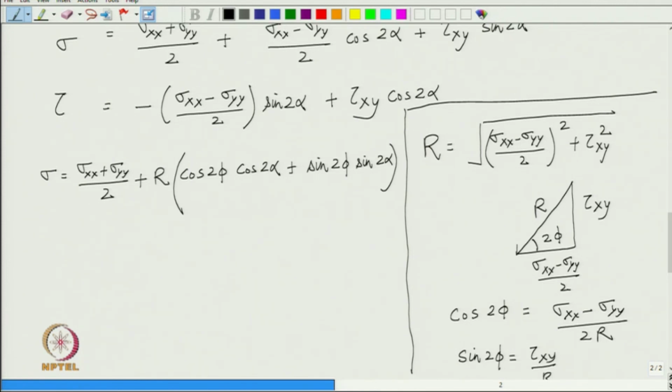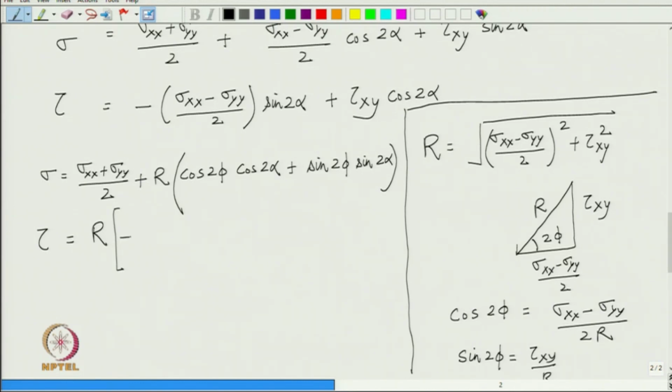Now, I guess you can see why we use those variables. And for the tau, similarly, when you take r as common, then what do we get? Then the first term is sigma x x minus sigma y y by 2 r, and what is that? Cos 2 phi, right.